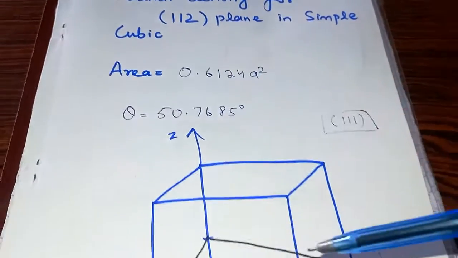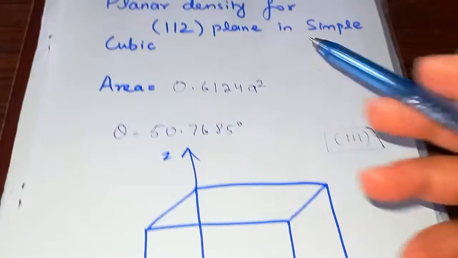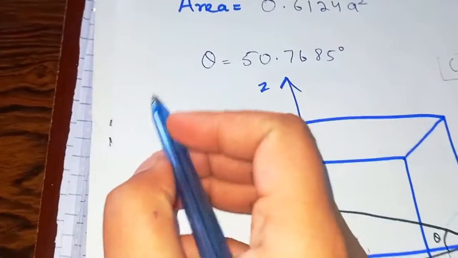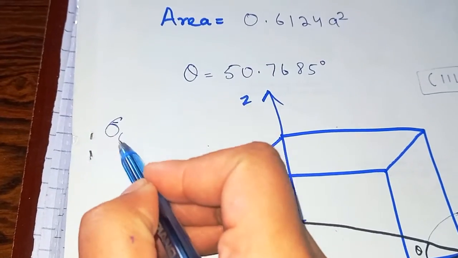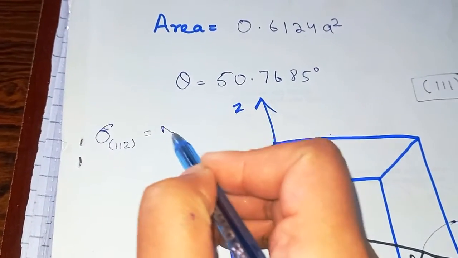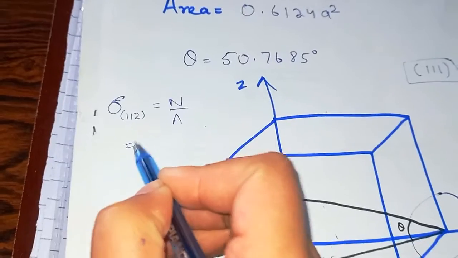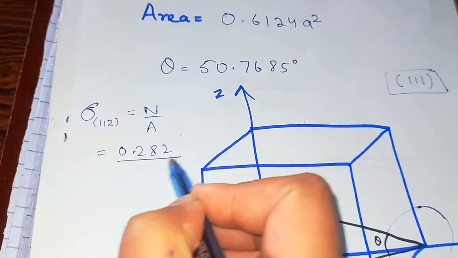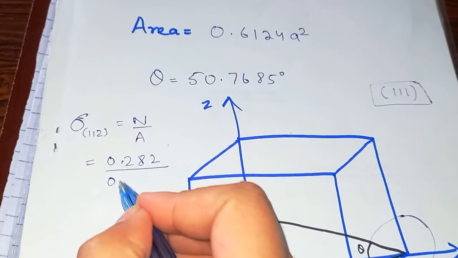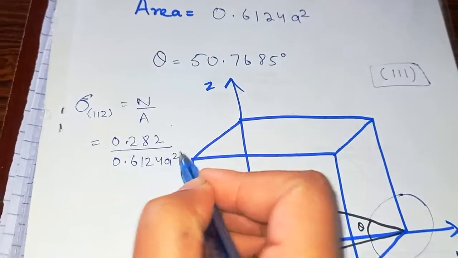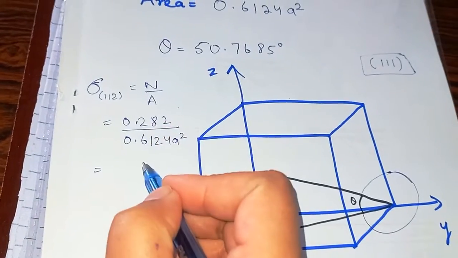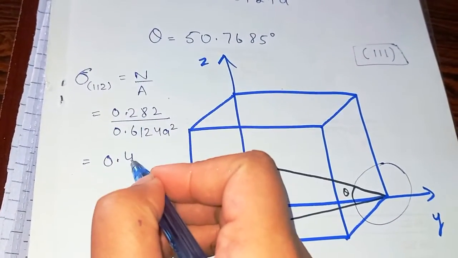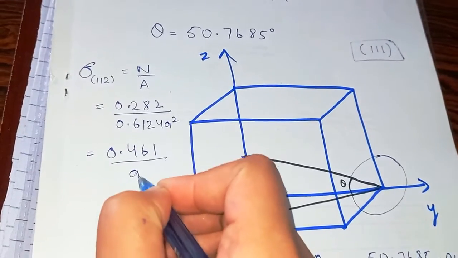Now let's divide them both to get the planar density for the 112 plane in simple cubic structure. Hence the planar density for the 112 plane is equal to n over a, where n is 0.282, divided by the area that we got, which was 0.6124 a square. So let's divide them both, and the result that we get is 0.461 by a square.